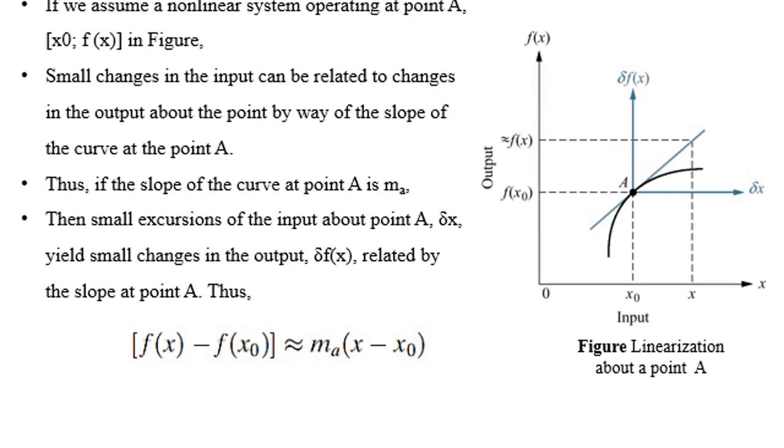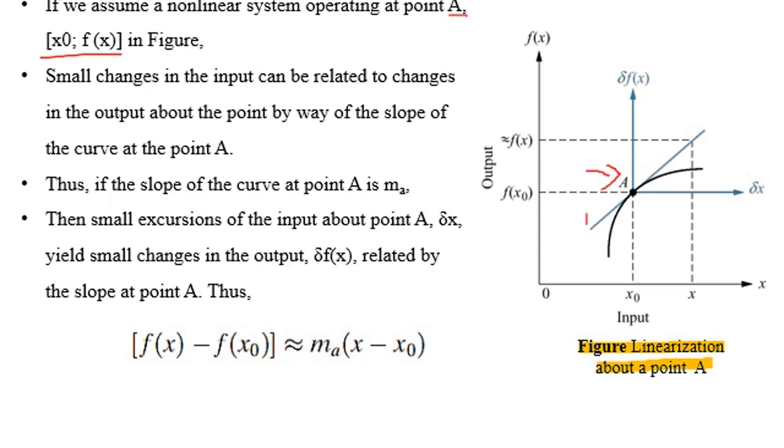Dear students, now with the help of an example, we will study the linearization process. In the figure, a graph of a nonlinear system is shown, and this nonlinear system is operating at point A, and its values are x0, f of x0. You can see this in the figure.